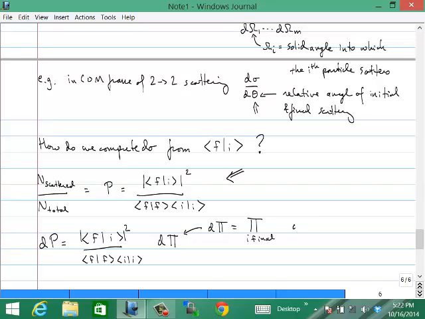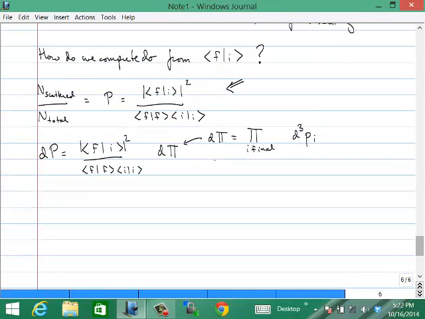So that measure factor is just d^3p. And the only subtlety is that I would like to make sure that this measure factor is appropriately normalized so that the integral over all of the final momenta of dP is equal to 1.